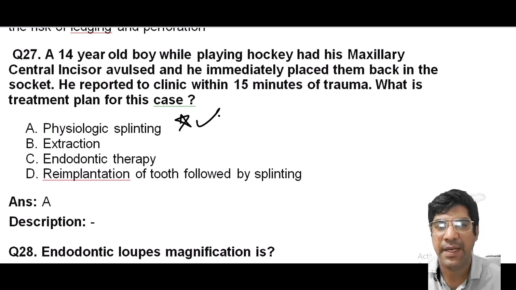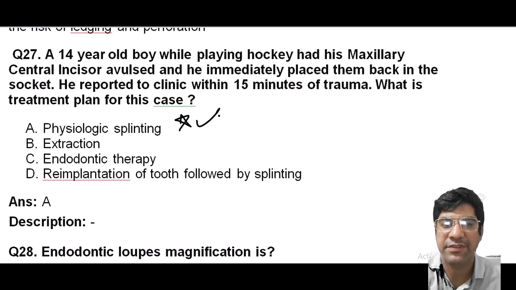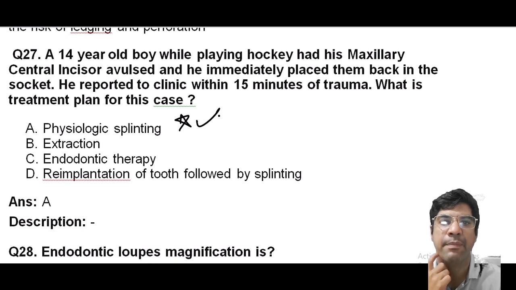A physiological splint, usually made of flexible wire, is placed over the affected tooth and the neighboring teeth to stabilize it. So physiological splinting supports the natural healing process by maintaining the tooth position and stability.